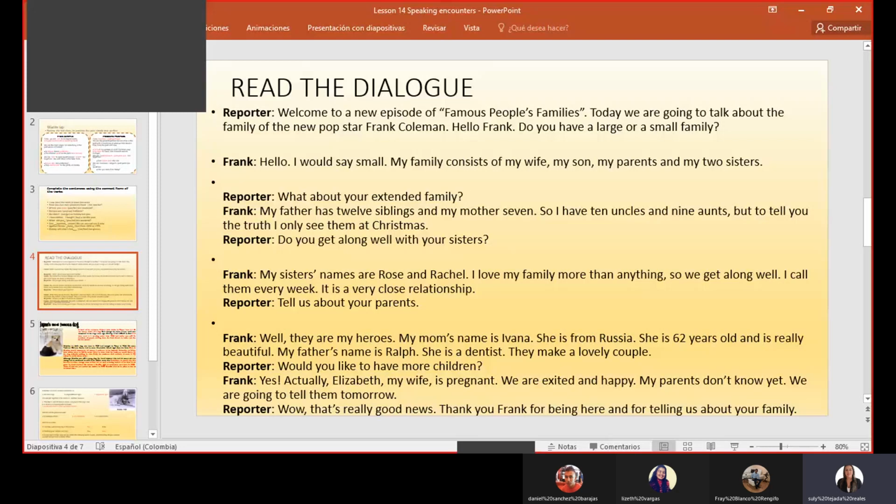Tú vas a hacer el papel de Fry, ¿cierto? Me tienes enredada, Daniel. Sí, porque yo pensaba, pero ¿qué me están diciendo? Exacto, a mí me toca hacer el papel de Fry. Ok, yes. And you have to read Frank. Yes, teacher. Okay, yes. And Angie is gonna be the reporter.